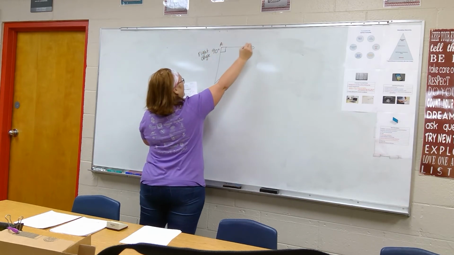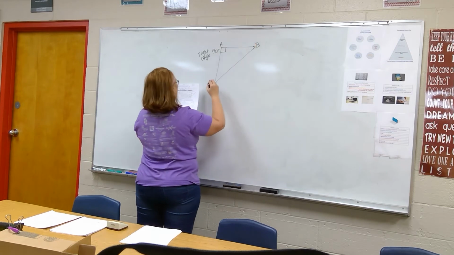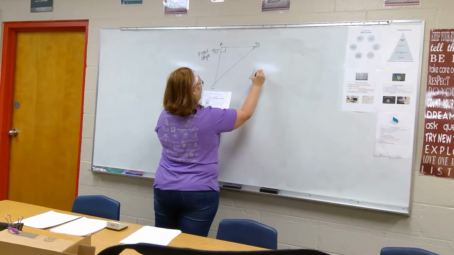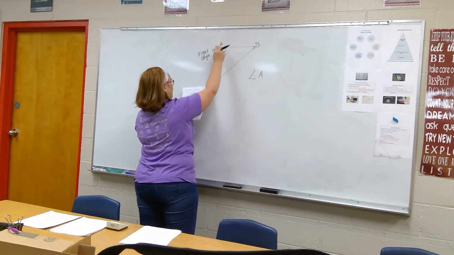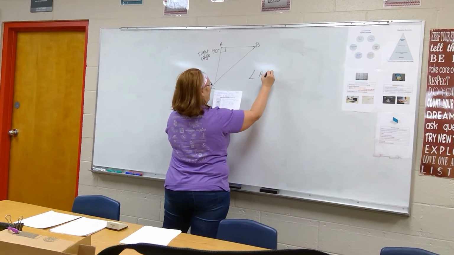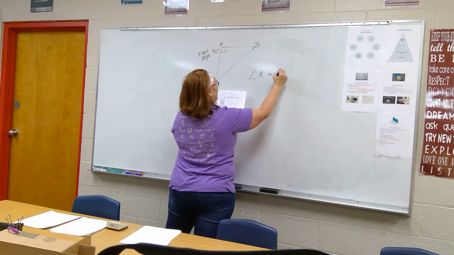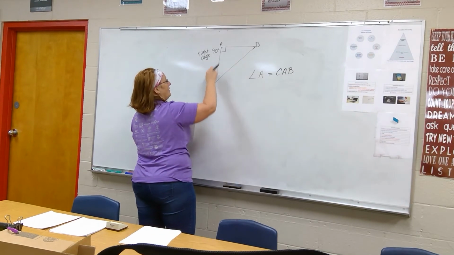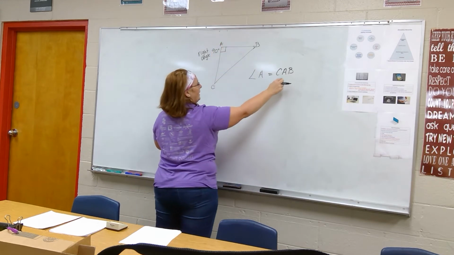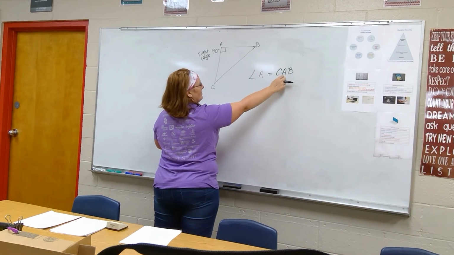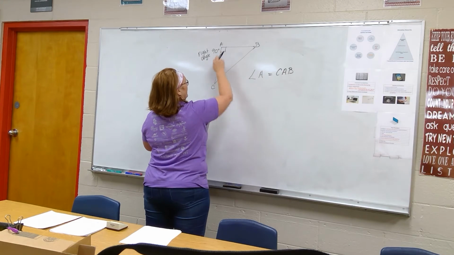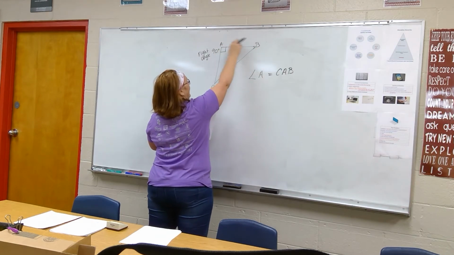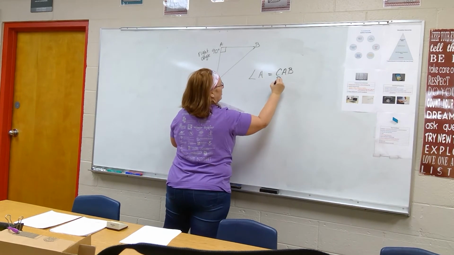You have A, B, C. And it says angle A, so we're talking about this one, can be called angle CAB. Start here, C, the angle goes in the middle, A, then B. This is in the middle because that's the angle that we're looking at. It could be called BAC.